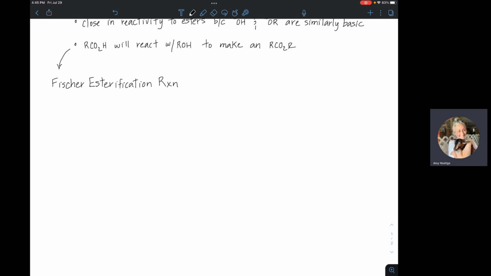But essentially what you're going to do is take a carboxylic acid and protonate it. I'm just going to take H plus because we already went through this with the ester.